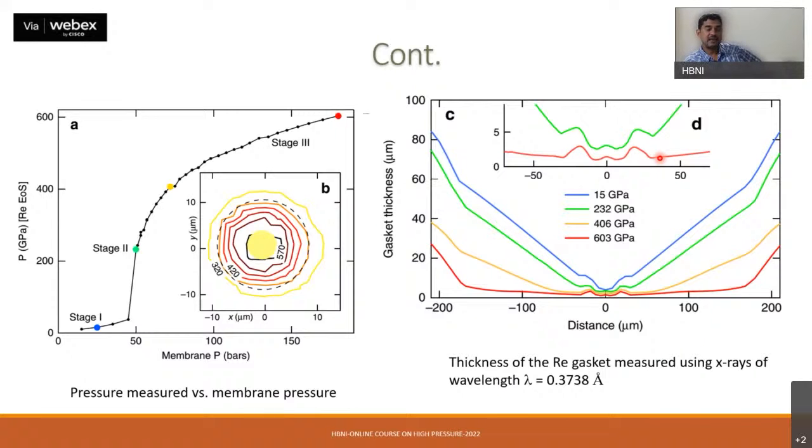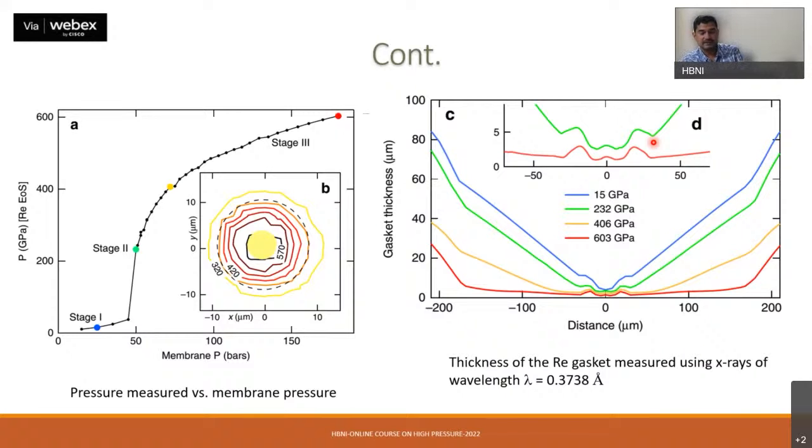Not only can pinching be avoided, it also helps in doing many experiments like resistance measurement. It helps in laying down the electrical leads very meticulously, and even at very high pressures, you may be able to avoid the pinching of those leads.